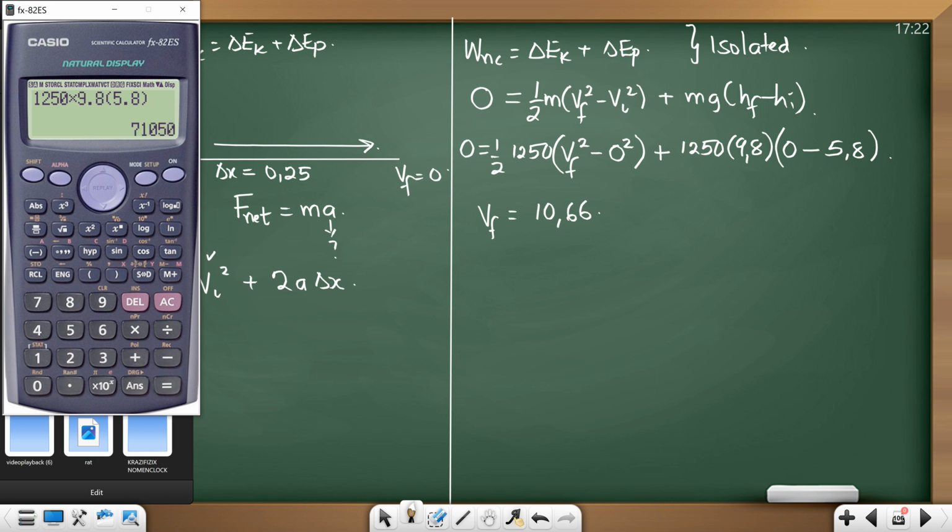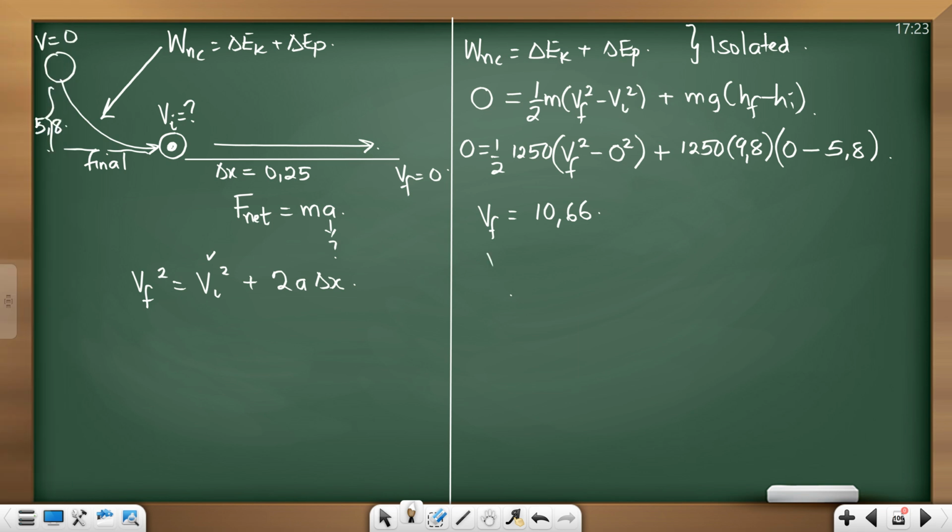And then I'll multiply by 2 and then divide by 1250 and then look for the square root of that answer. 10.66. Beautiful.